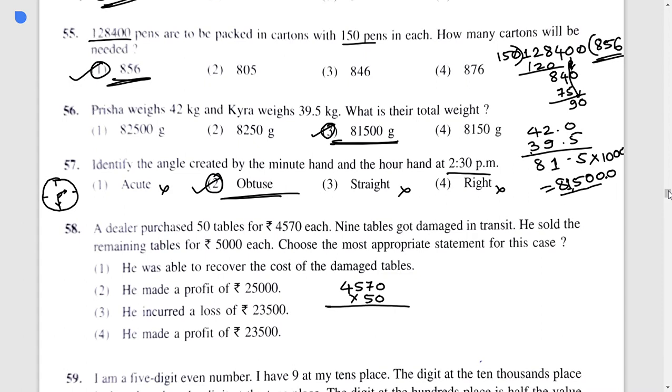So after multiplying, you will get 2,28,500 rupees. So 9 tables got damaged. From 50, you have to subtract 9 tables. So that is 41. Again, he has sold them for 5,000. So he has sold 41 tables for 5,000, that is 2,05,000 rupees.